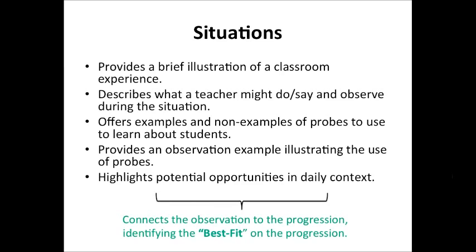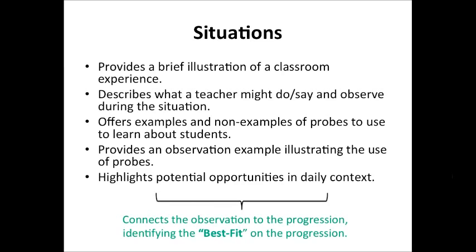It'll offer some probes to use to learn about students, and I'll show you some of those and what we mean by that. It'll also give you some observations and ways that it connects back to the progression, as well as highlighting the fact that these particular skills along the progression are likely to be seen within a regular instructional routine.